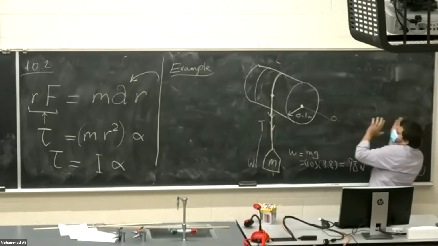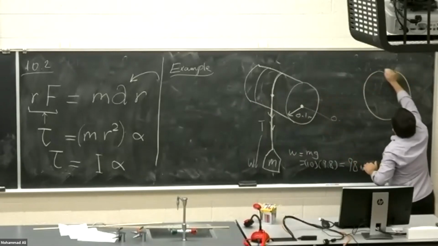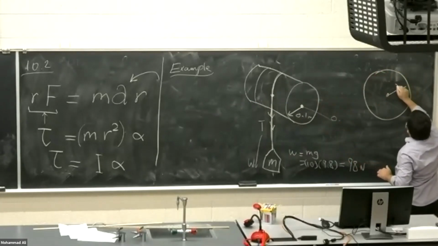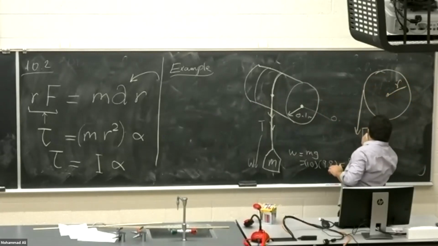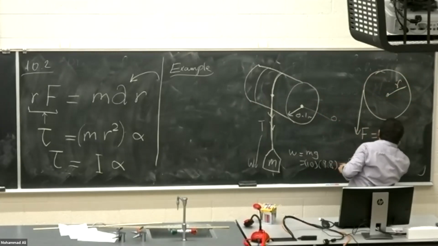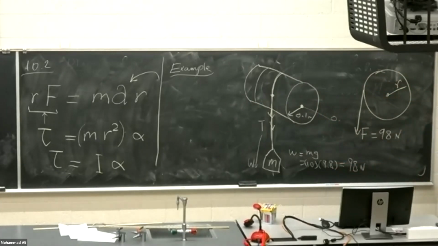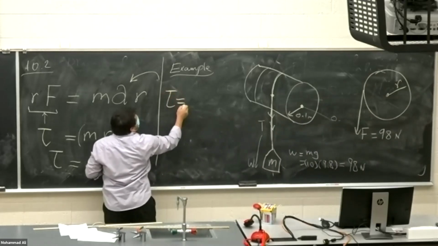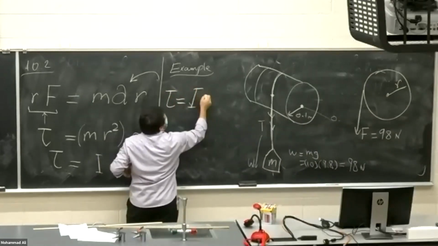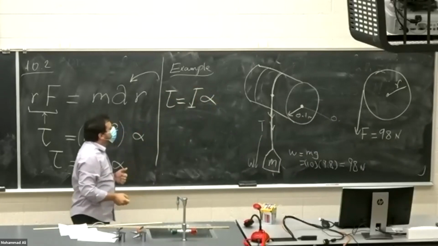If you look at the cylinder from this direction, you will see this. This is R, and there is a force equal to 98 newtons. What is the torque? The torque is equal to I multiplied by alpha.